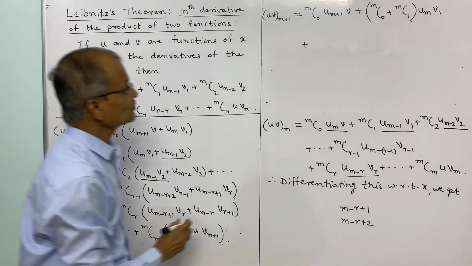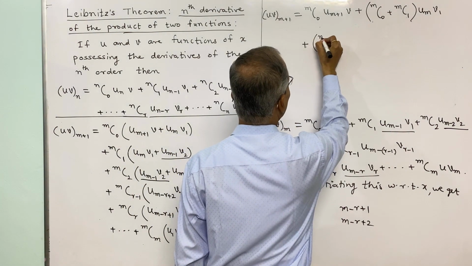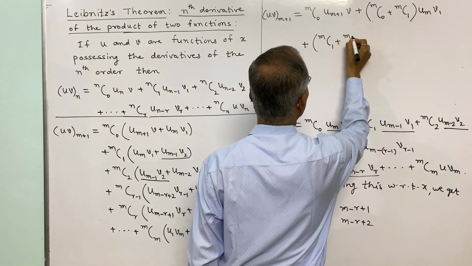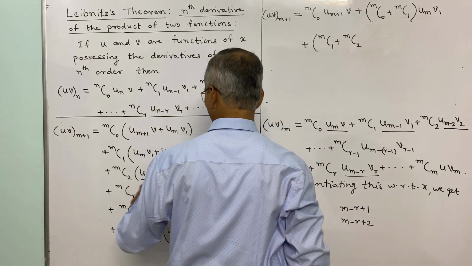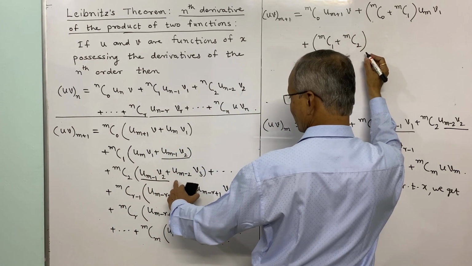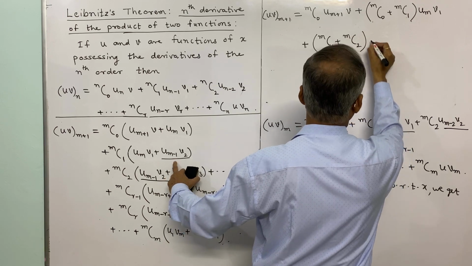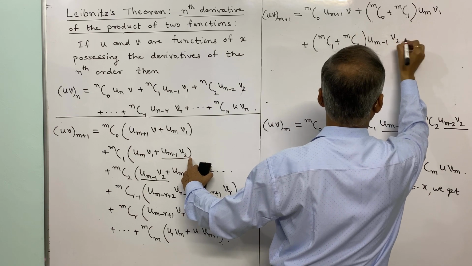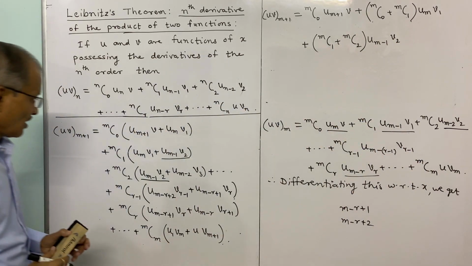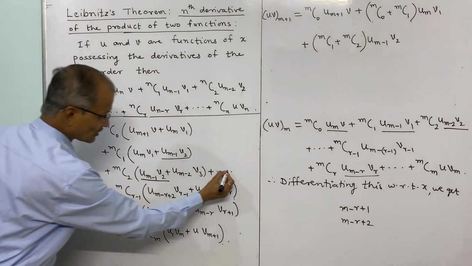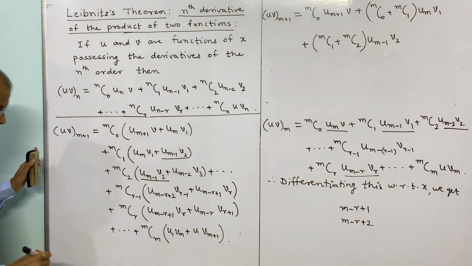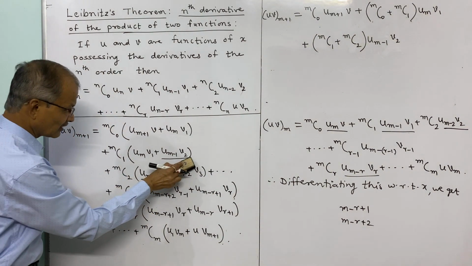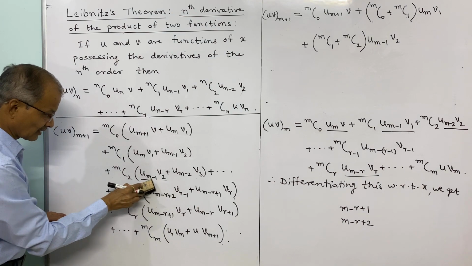So m choose 1 plus m choose 2, and in bracket it is the m minus 1th derivative of u into v2, and so on. Further this is continued, plus so on, and now we shall see these two brackets further.